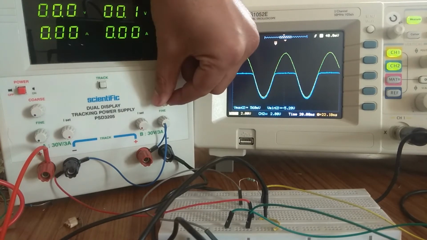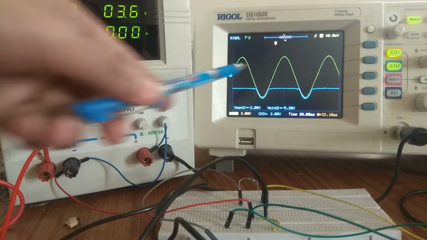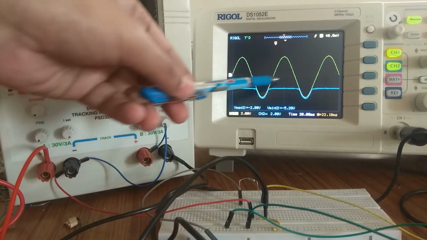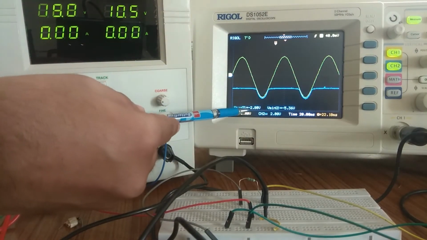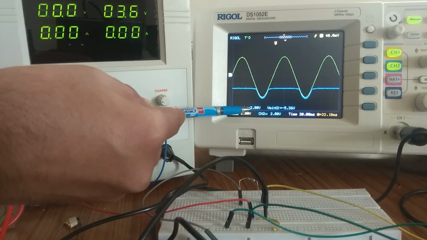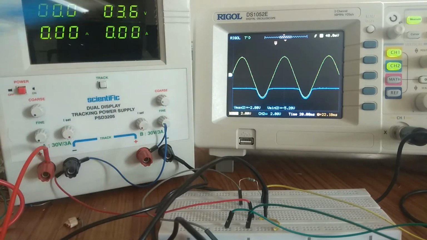Now if I increase my reference, you see your output has come here. Now I have given 3.6. If you want to see the maximum value, 3.6 minus 0.7 is around 2.90. It must be around 2.90, and it is around 2.80.